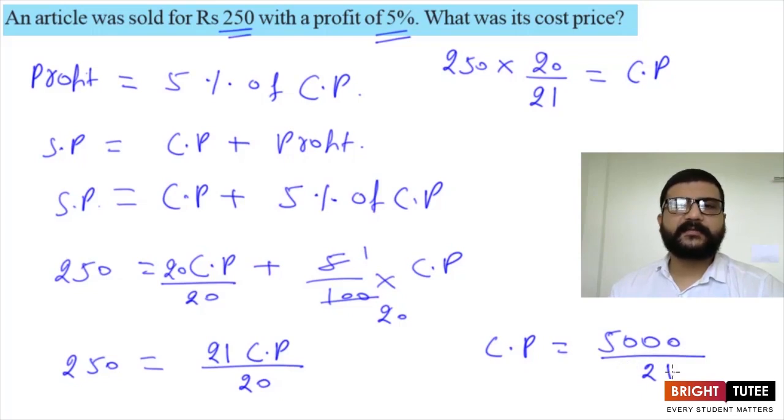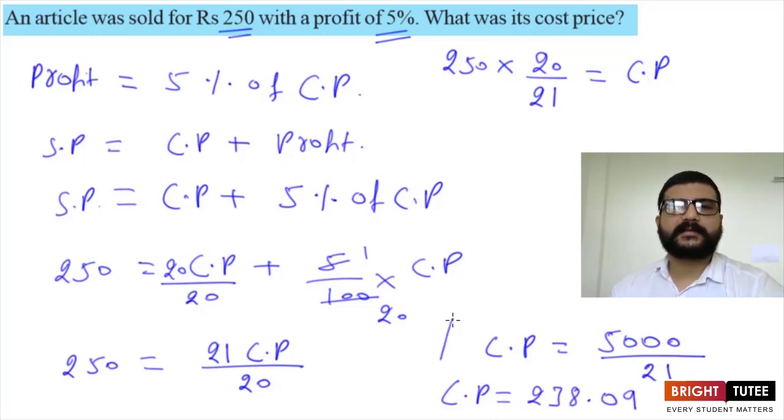So 5000 divided by 21, what will be this? This will be 238.09. So we are having cost price is equal to 238.09. So this is how we can find cost price when selling price and profit percent is given to us.